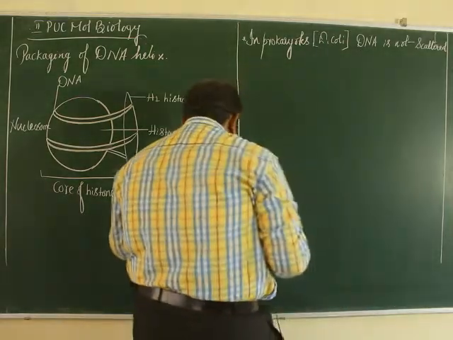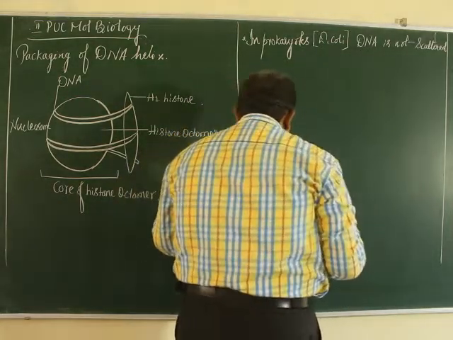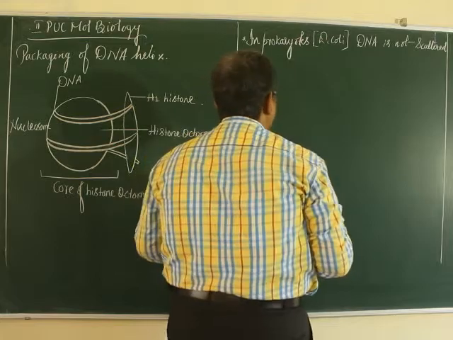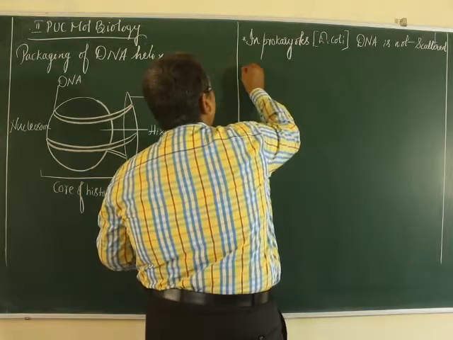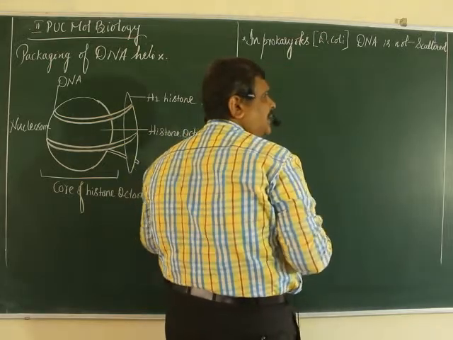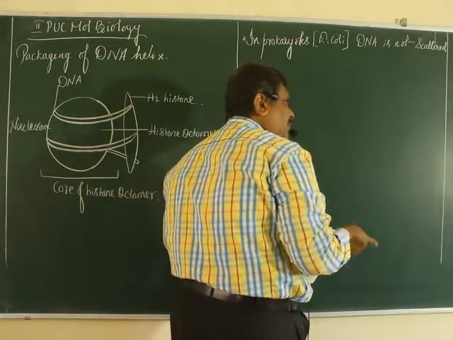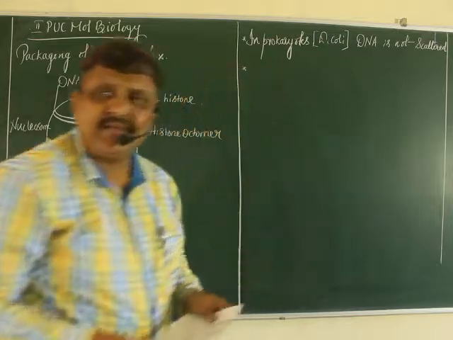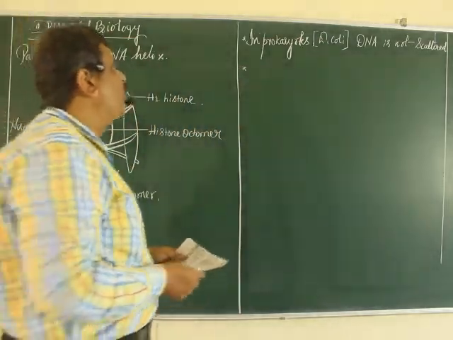DNA, being negatively charged, is held with some positively charged proteins. The positively charged proteins and DNA together form the nucleoid.